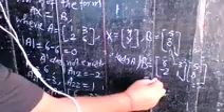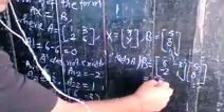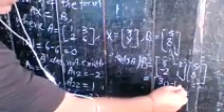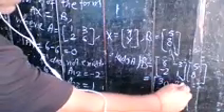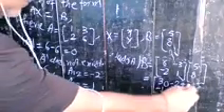Taking the product, first row: 6 fives are 30, minus 24, and second row: minus 10 plus 8.